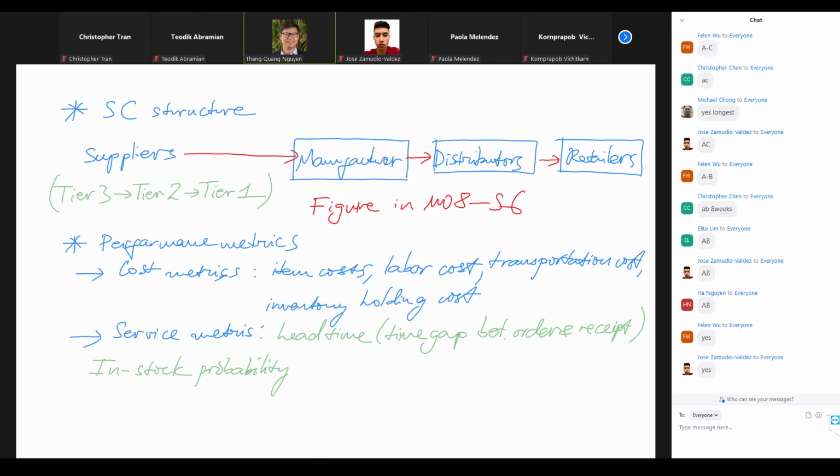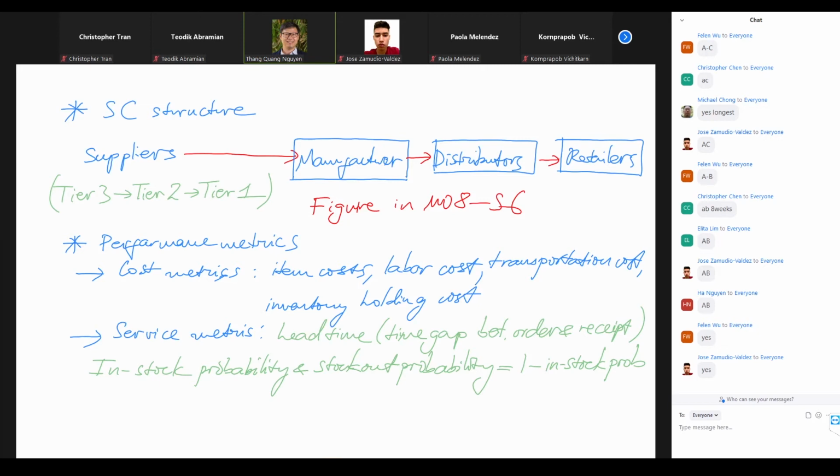So we have to actually manage the in-stock probability. Together with the in-stock probability, we have the stock out probability. It is 1 minus in-stock, right, because in stock and stock out add up to 100%.